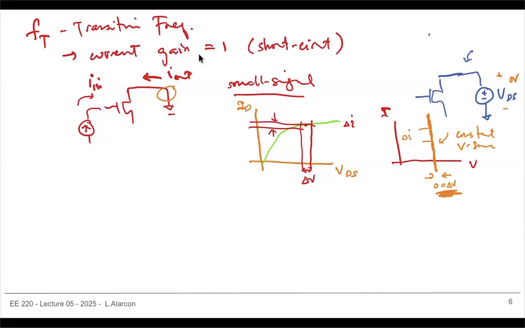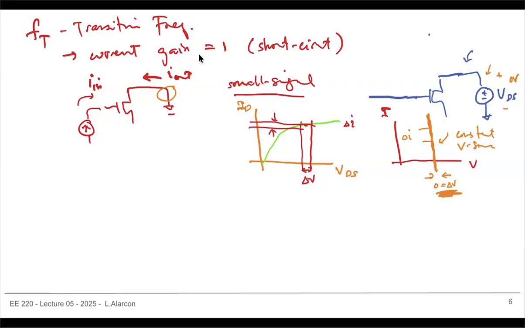So that means, if I want to do short circuit current gain in large signal, I just have to put in a constant voltage source, right? And then I sort of bias this thing. You see that in the homework. You have to bias it, to put that transistor in some region of operation.